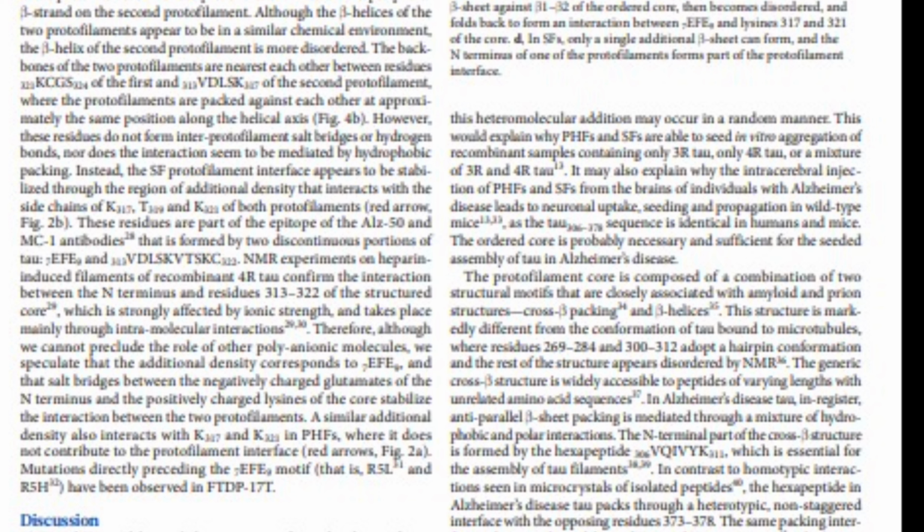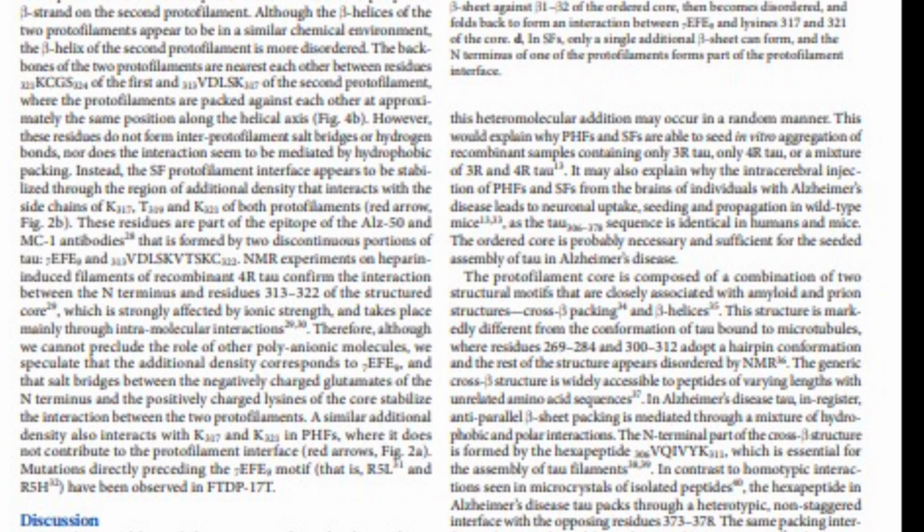Red arrow, figure 2b. These residues are part of the epitope of the ALZ50 and MC1 antibodies that is formed by two discontinuous portions of tau, 7-EFE-9 and 313 VDLSKVTSKC 322. Nuclear magnetic resonance (NMR) experiments on heparin-induced filaments of recombinant 4R tau confirm the interaction between the amino terminus and residues 313 to 322 of the structured core, which is strongly affected by ionic strength and takes place mainly through intramolecular interactions.